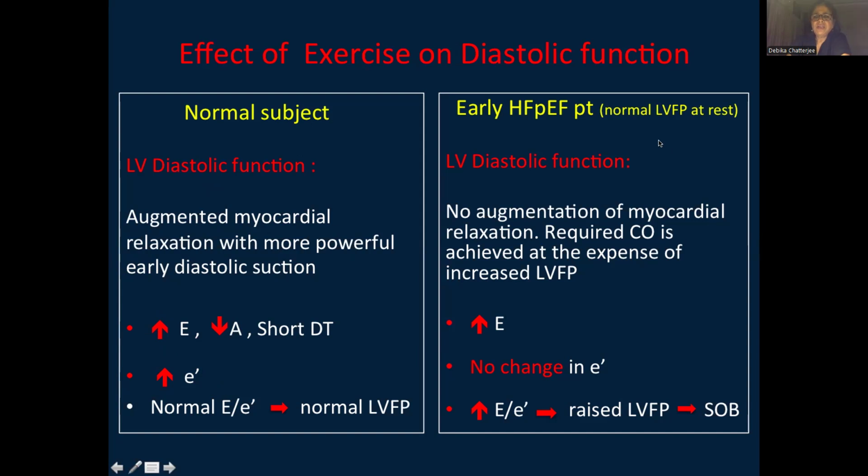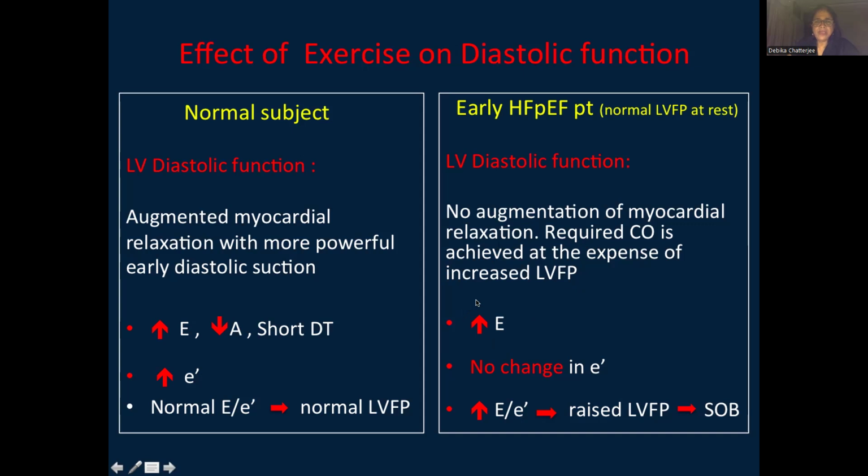On the contrary, in those patients who become symptomatic with exercise but have normal LV filling pressure at rest, there is no augmentation of myocardial relaxation, and the required cardiac output is achieved at the expense of increased filling pressure.